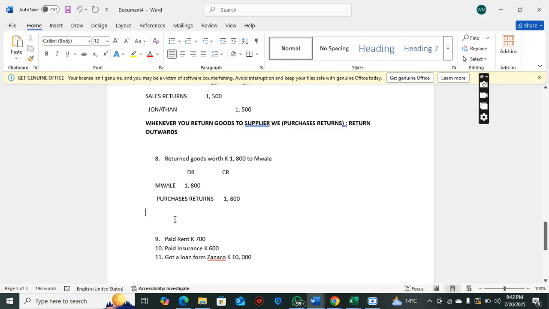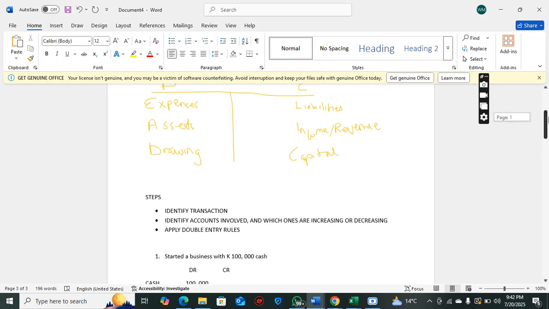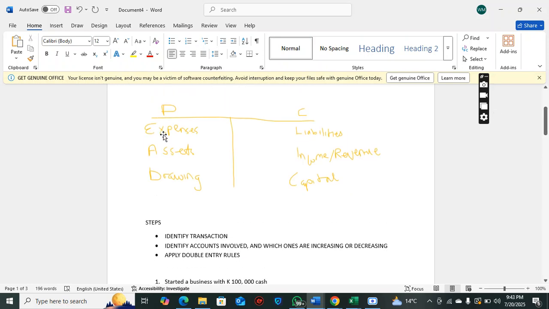Okay, the next transaction, paid rent 700 kwacha. We identify the transaction: we're paying for an expense. The two accounts involved are the rent expense account and the cash account. Whenever you incur an expense, an increase in an expense, you debit. So you debit rent expense. Cash is an asset, and since you're paying, cash is reducing.